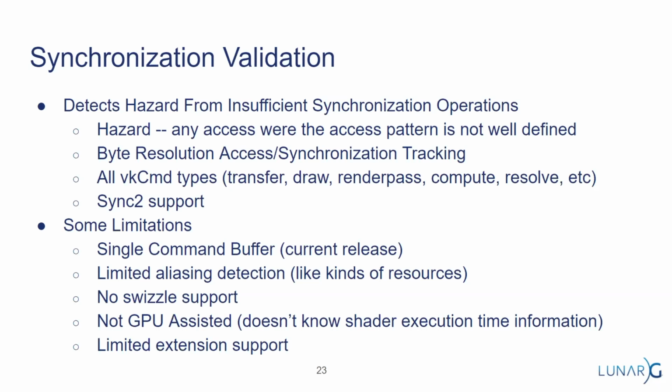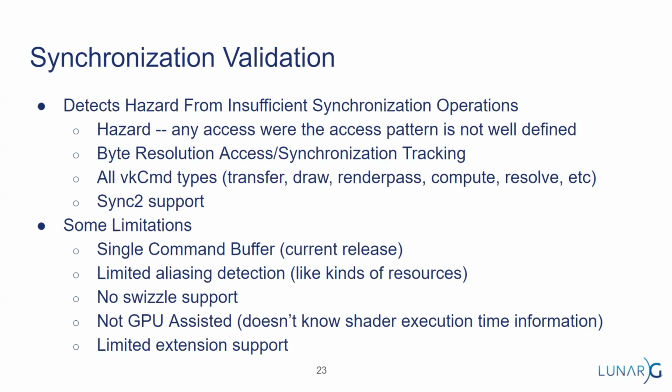We only handle hazards within a single command buffer. There is some hazard detection for aliases of the same memory, though it is not complete. Currently, it's only for similar access patterns. For example, two images that are true aliases are going to correctly report that, or two buffers that are true aliases are going to correctly report that.